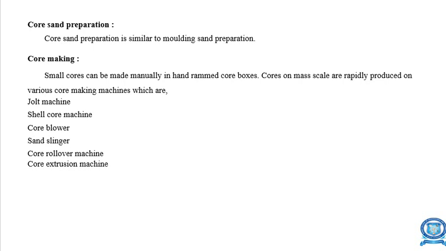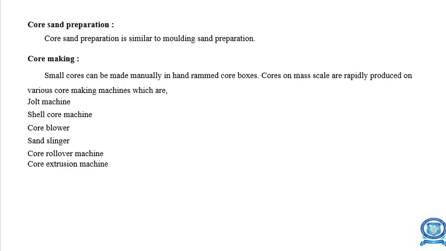First one, core sand preparation. Core sand preparation is similar to molding sand preparation. With the help of a muller, we have to fill the green sand and add moisture content, clay and additives, continuously mixing with the help of the muller to prepare the green core sand.